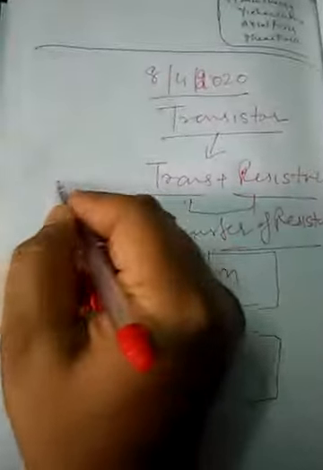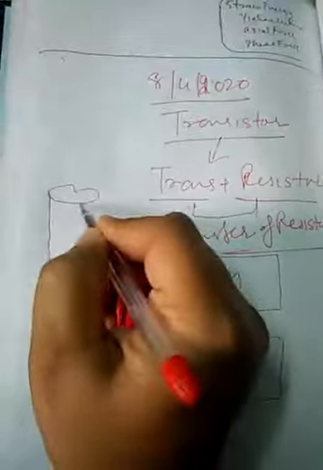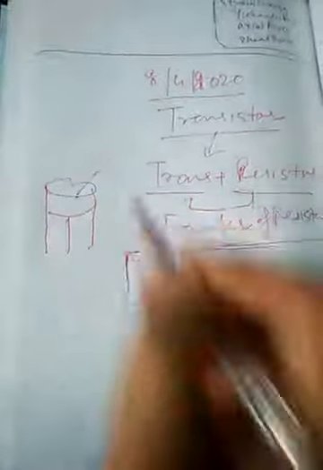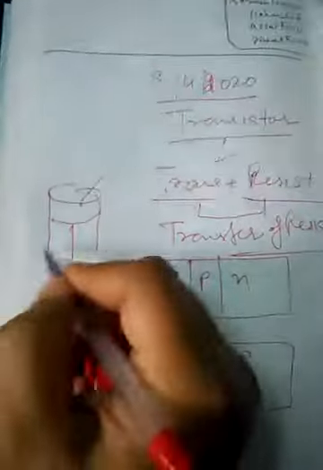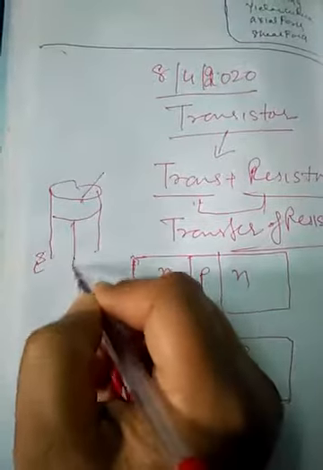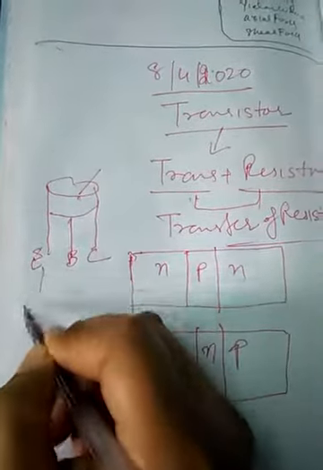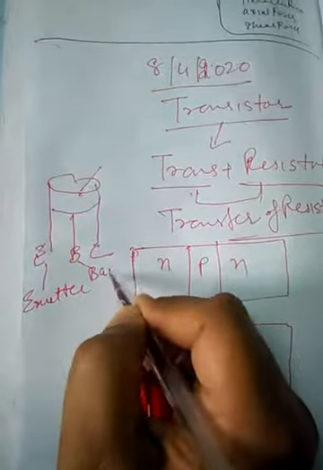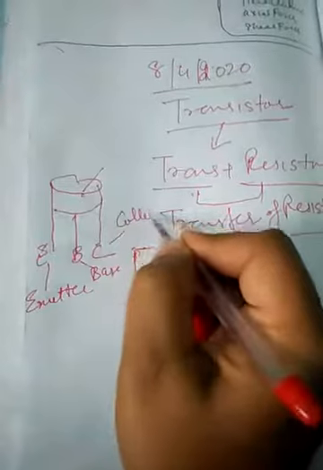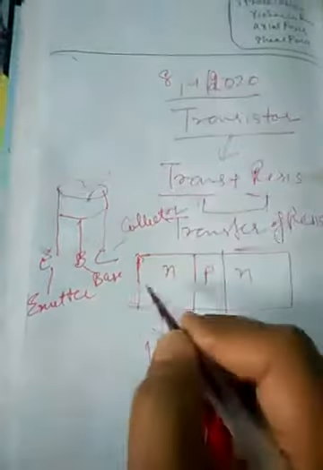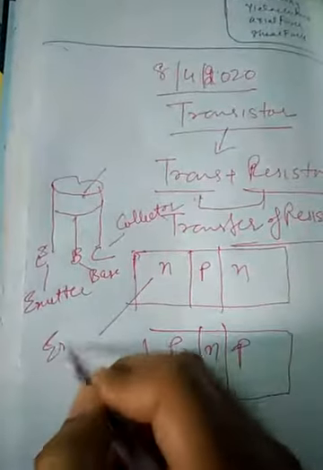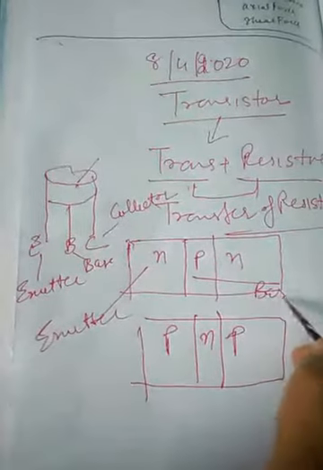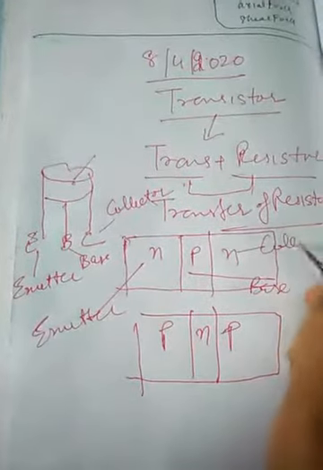Basically it is a three-leg device, unlike a two-leg device such as a diode. It has three legs: the emitter, base, and collector. This is the emitter, this is the base, and this one is the collector. The same is here: emitter, base, and collector.